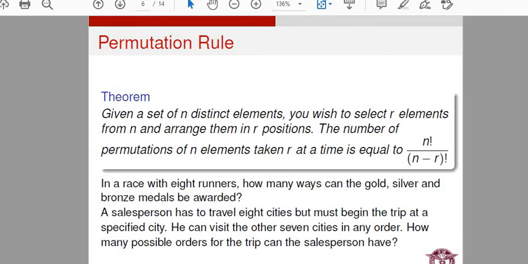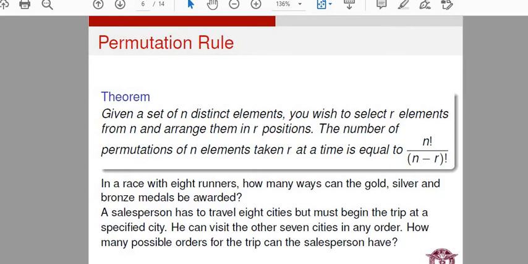So in a race with 8 runners, how many ways can the gold, silver and bronze medals be awarded? This is a question. Can anyone answer?